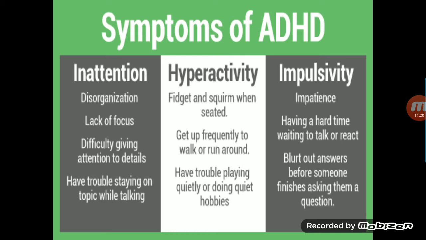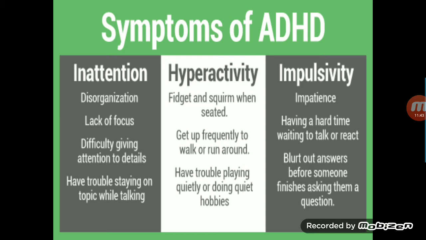Since they are very impulsive, they will not be able to wait for their turn to talk or to react in any situation, and they will blurt out an answer before someone finishes asking them a question. So before you even complete your question, the child will stand up and give you the answer, whether it is wrong or right.